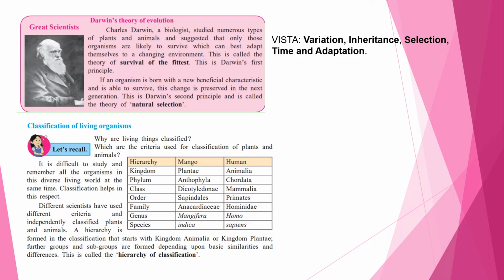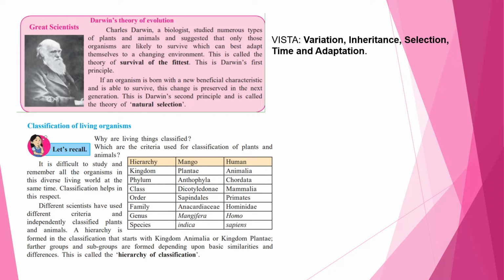Next, if an organism is born with a new beneficial characteristic and is able to survive, this change is preserved in the next generation. This is Darwin's second principle and is called the theory of natural selection.